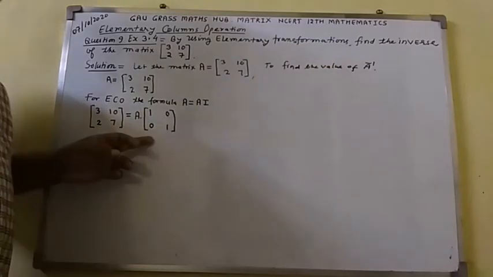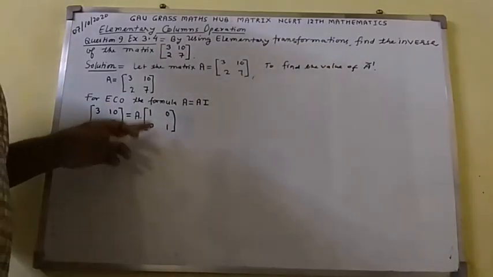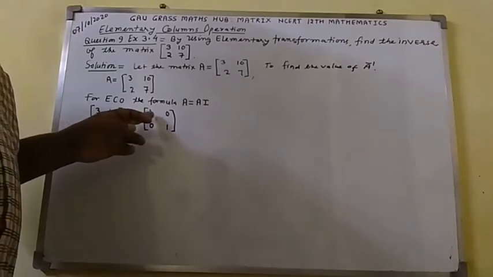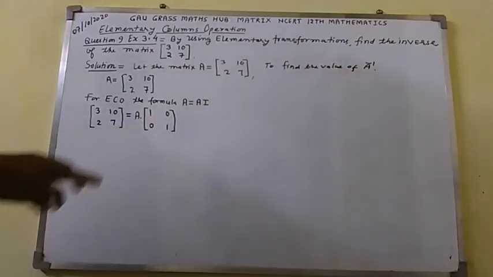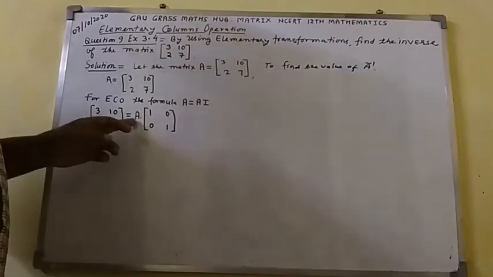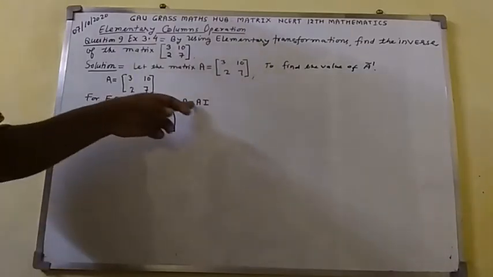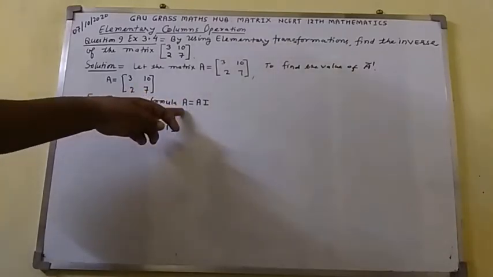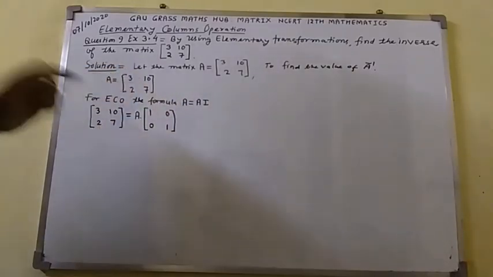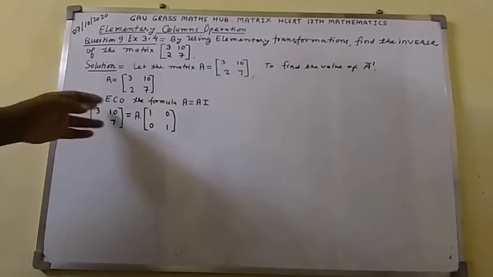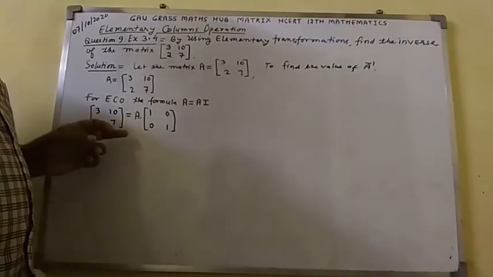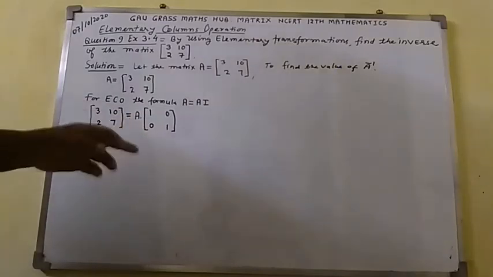Here you can say in the identity matrix the elements of the principal diagonal are 1. So this is the identity matrix. This is the given matrix. I have reflected the same thing that is written here, and here the given matrix I have reflected the same way. So this is the matrix from which you have to get the value of A inverse.